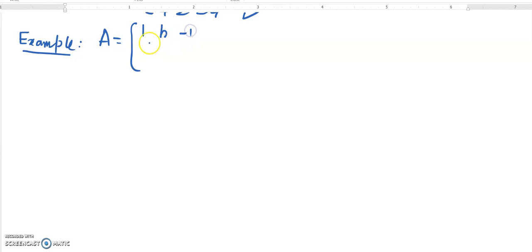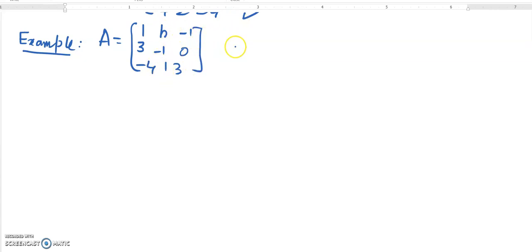Okay, let's see one more example. Suppose we have a matrix A, 1, H, minus 1, 3, minus 1, 0, and then minus 4, 1, 3.